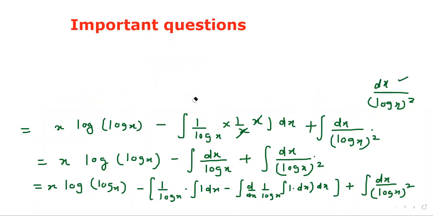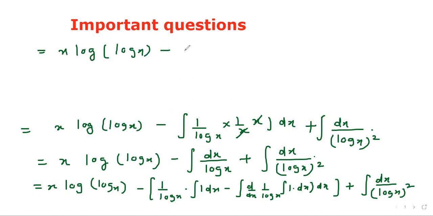Now the next step is it will become equal to x log of log x minus 1 upon log x times this, so it will become x upon log x because integration of 1 is x, and it will remain intact minus.